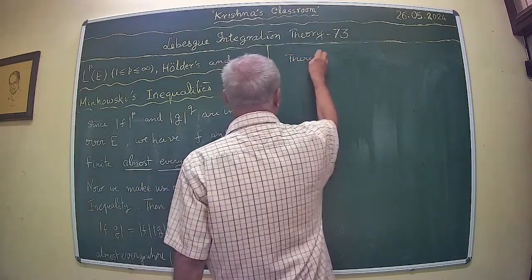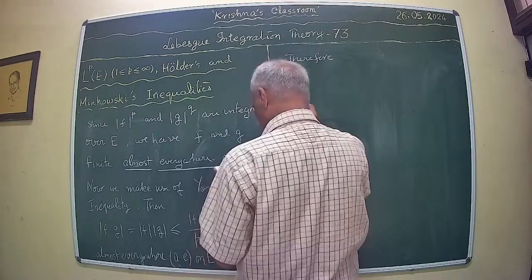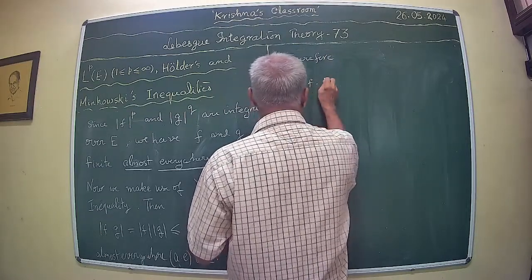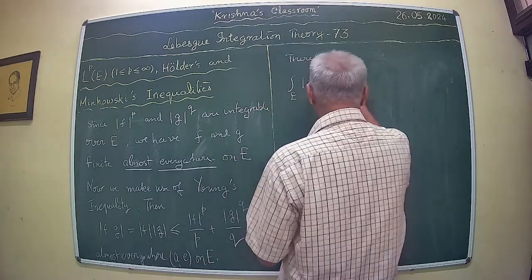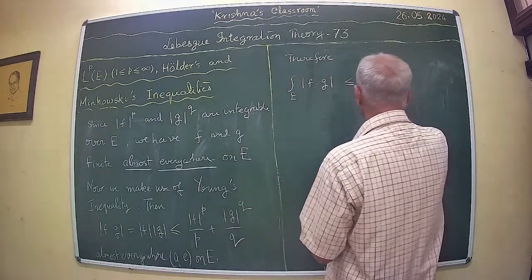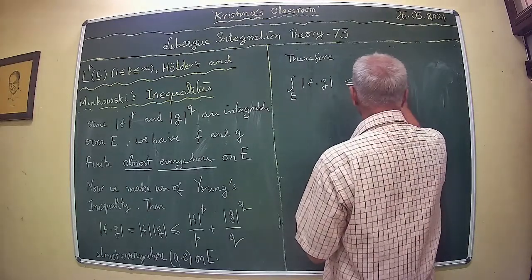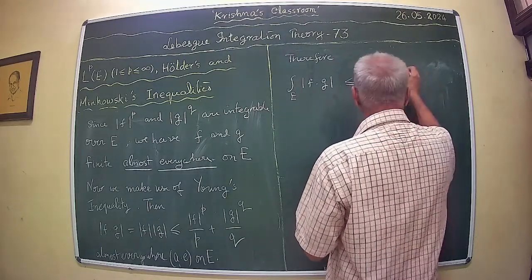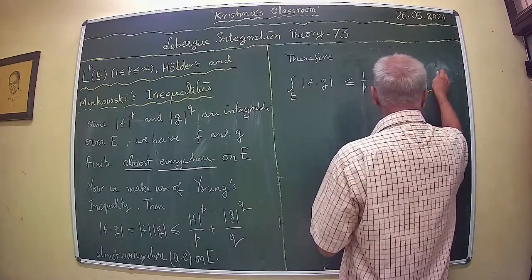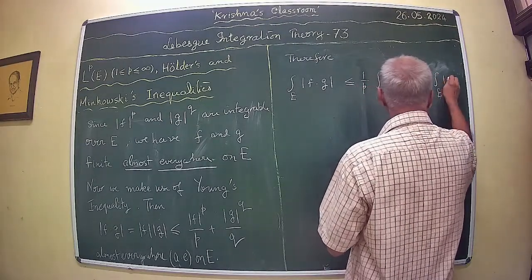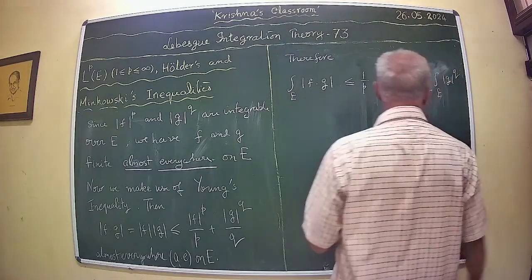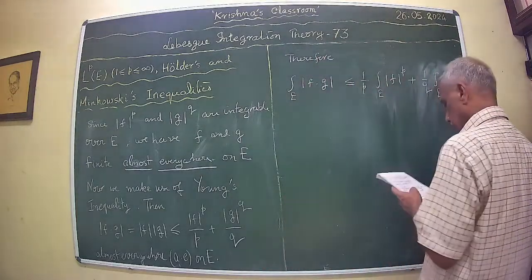Therefore, the integral over E is less than or equal to 1 by p times the integral of f to the power p plus 1 by q times the integral of g to the power q.